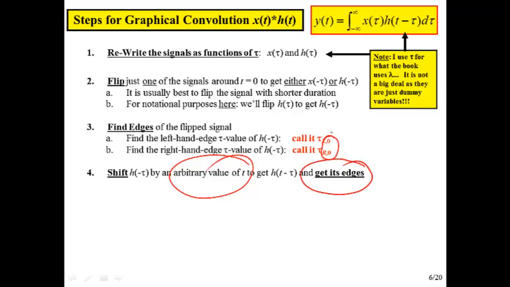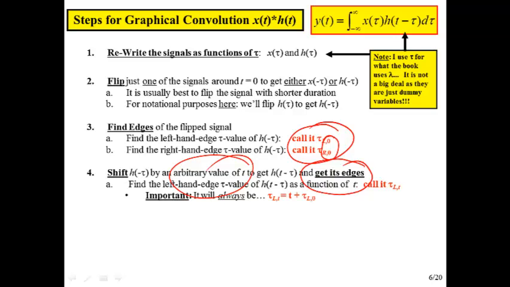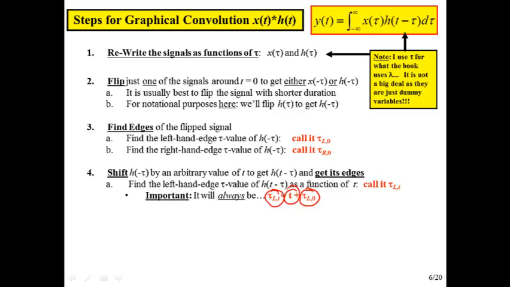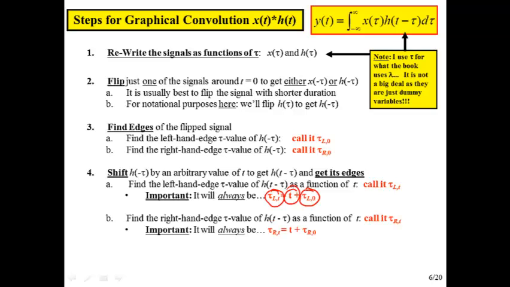Now, it's no surprise that the edges of the thing that are shifted are just shifted versions of those edges, so that's no big deal. So that just means that the shifted edge on the left will always just be the unshifted left edge with t added to it.